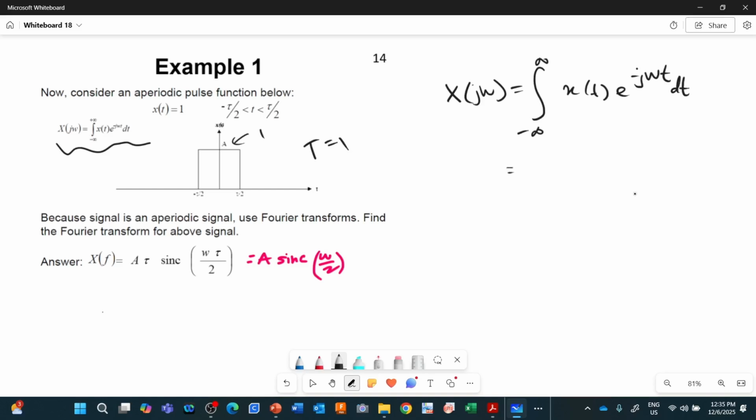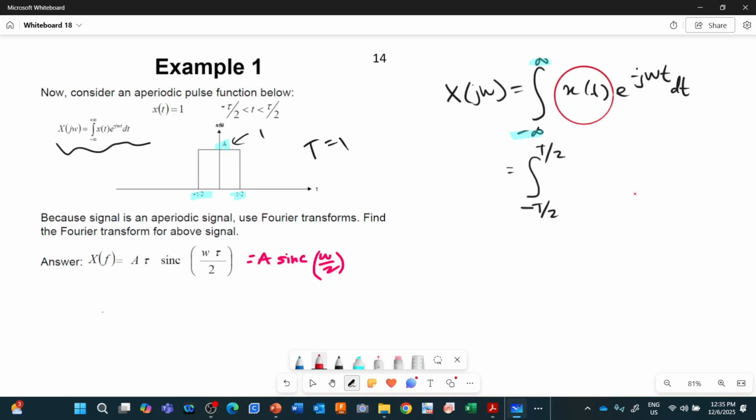So, similar to yesterday, we need to identify where the signal has magnitude or amplitude. For this signal, you have amplitude only between minus tau over 2 and tau over 2. So you substitute the limits: the integration from minus tau over 2 to tau over 2 of the amplitude.